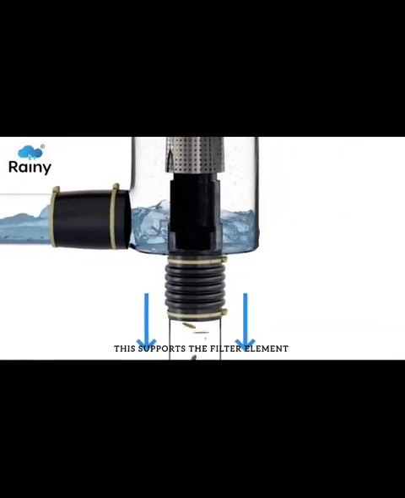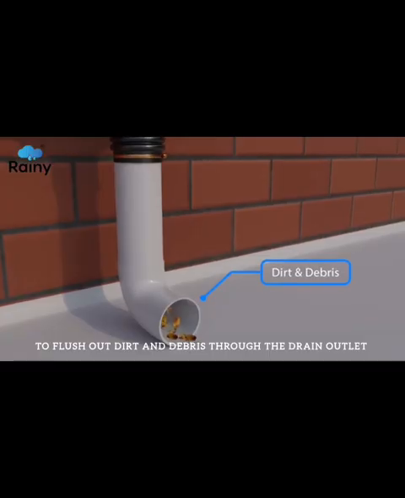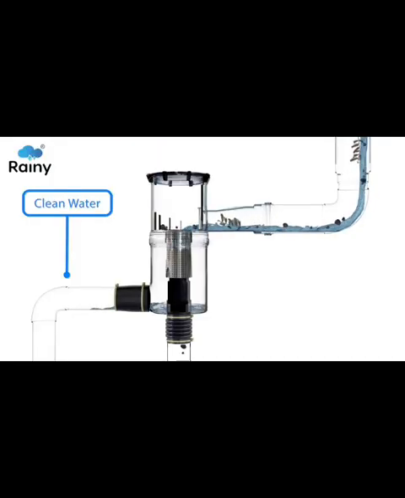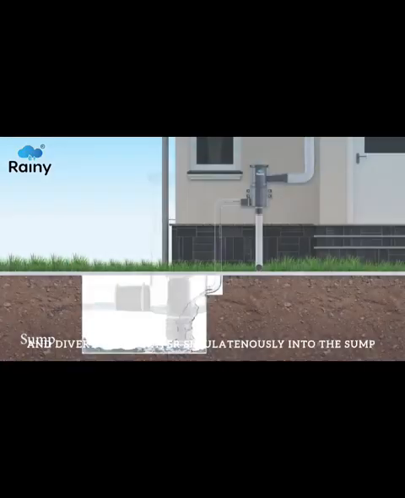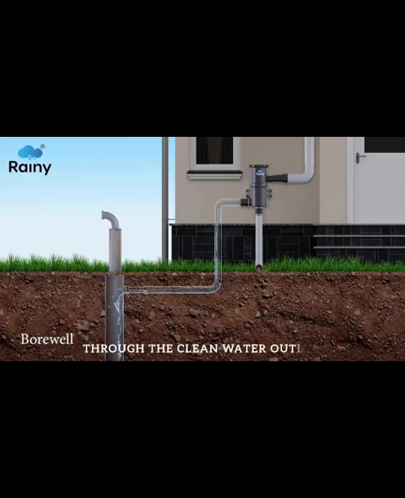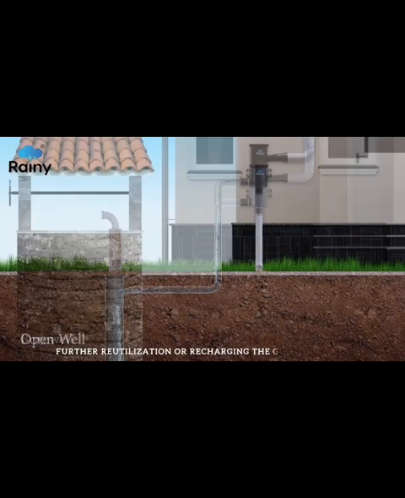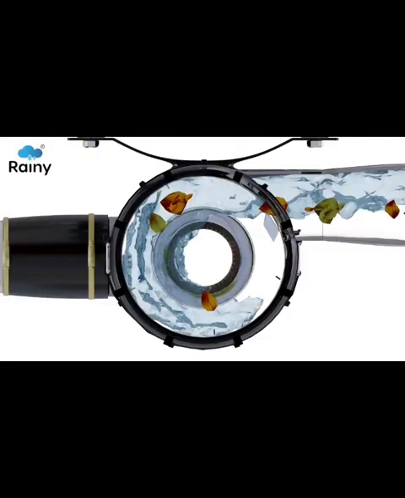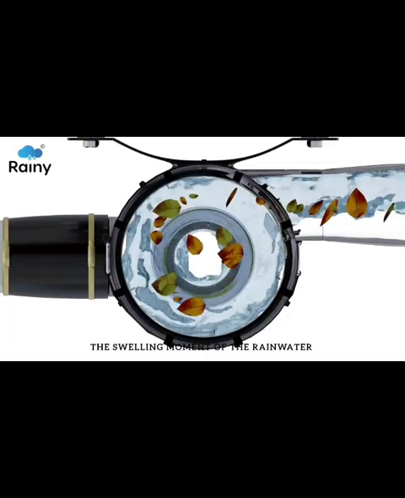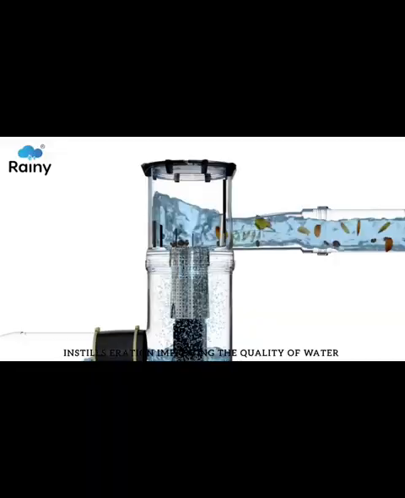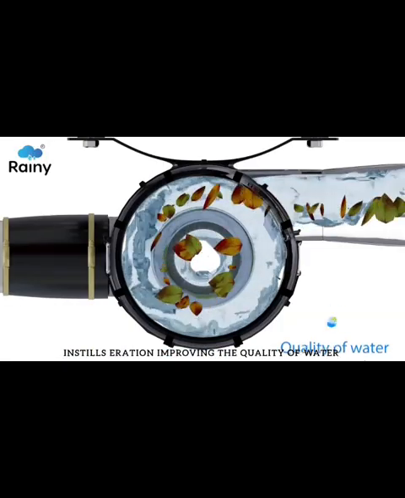This supports the filter element to flush out the dirt and debris through the drain outlet and divert clean water simultaneously into the sump, storage tanks or recharging well through the clean water outlet, furthering reutilization or recharging the groundwater. The swirling movement of rainwater during the filtration process instills aeration, improving the quality of water.